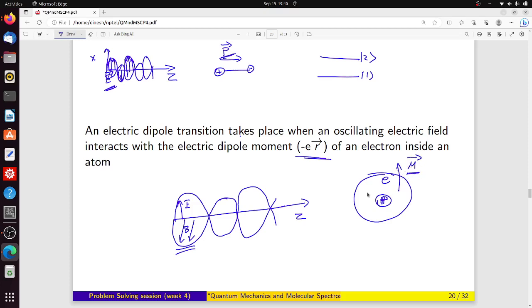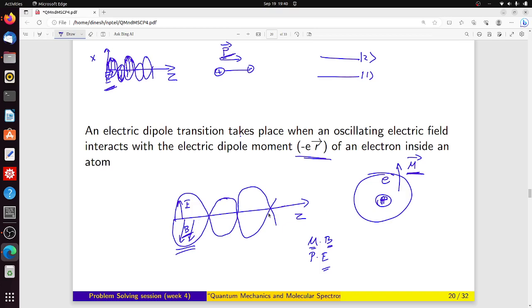If you have a magnetic moment in the presence of this radiation, then you will also have interaction of the magnetic moment with this magnetic field, right? It's just a dot product, mu dot B or P dot E.